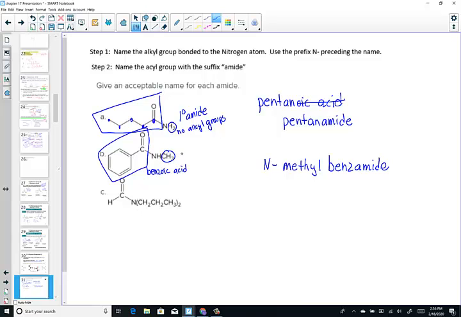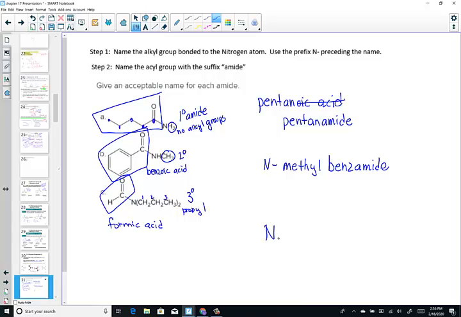Now here, this was a secondary. Here is a tertiary amide. Here's the parent carboxylic acid. This would have been named formic acid, one carbon in that group. A tertiary amide that has 1, 2, 3 carbons, so that's propyl, and they're both identical.